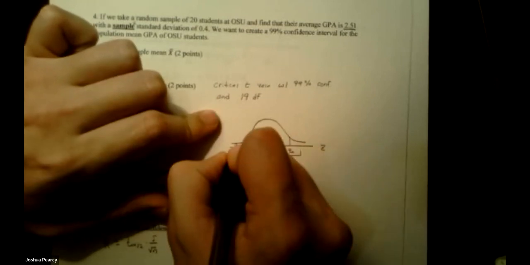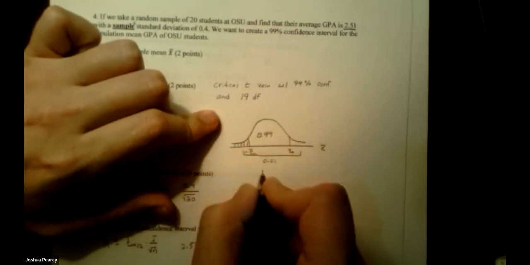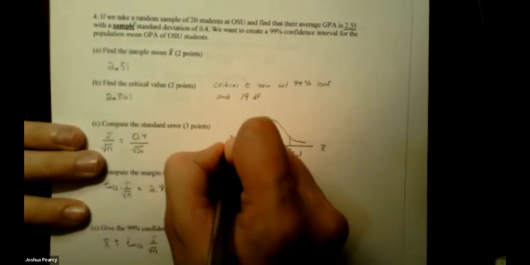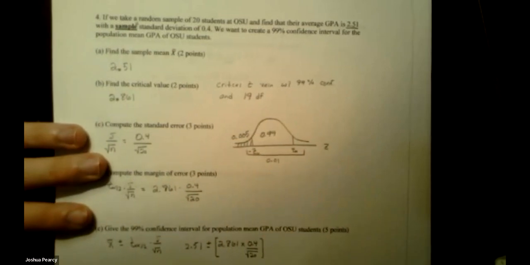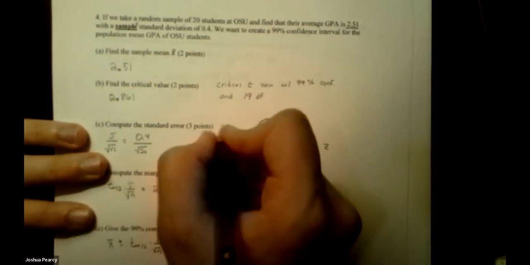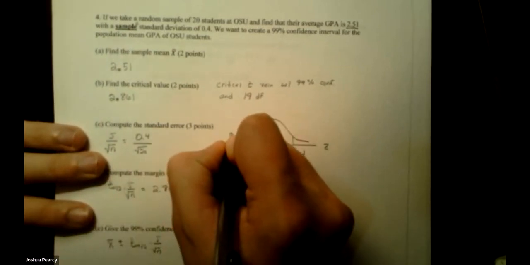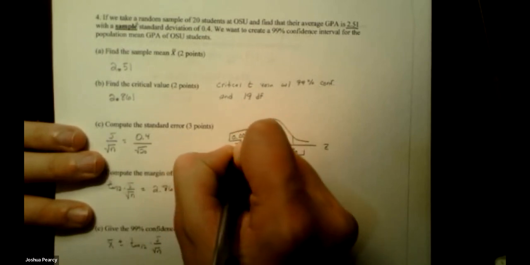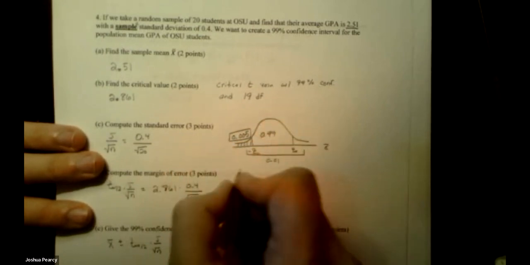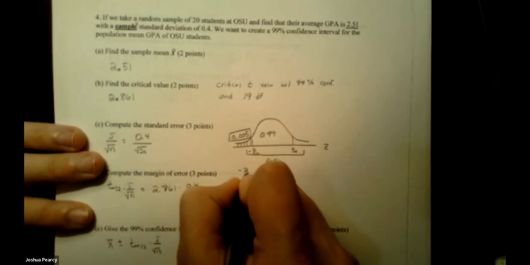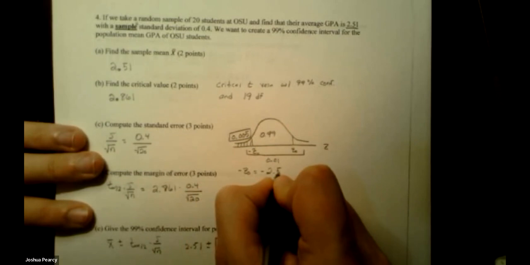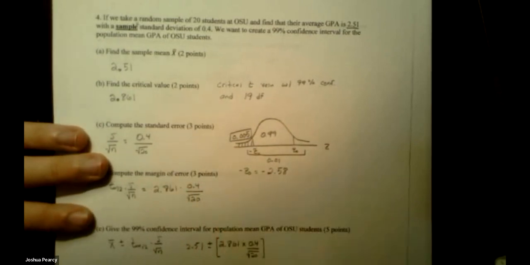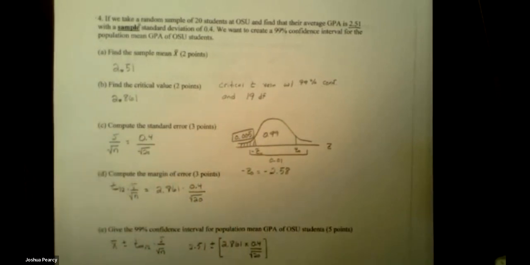So you can just look at the area in this tail, and it's 0.01 over 2, which is 0.005. And then you just look for a Z-score in the table with this area to the left. And if you do that, you'll find that minus Z naught is minus 2.58. And that would be the critical value for this part. So you could just put 2.58.